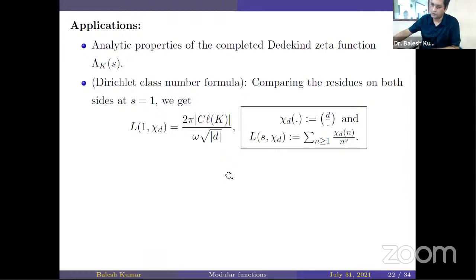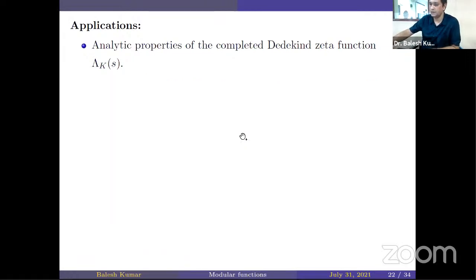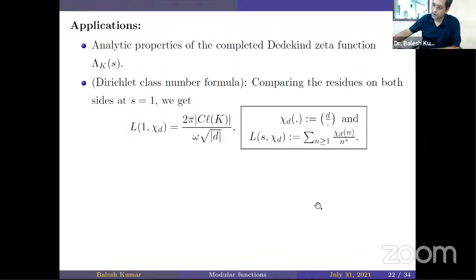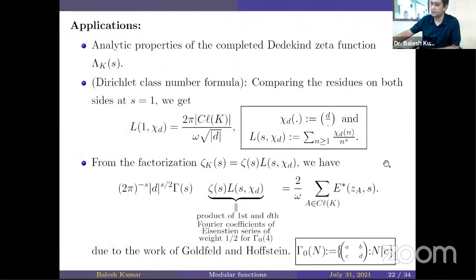And so these are just applications of this identity. The third application, which will be of interest in today's talk, is that in this case we know the Dedekind zeta function factors as the Riemann zeta function times L(s, chi_d).